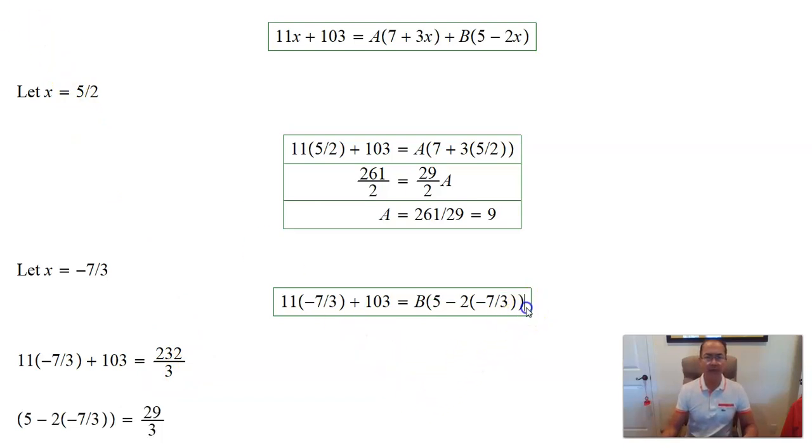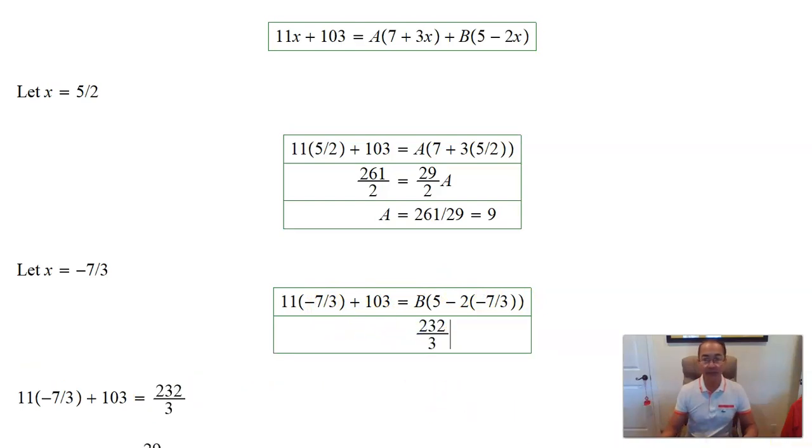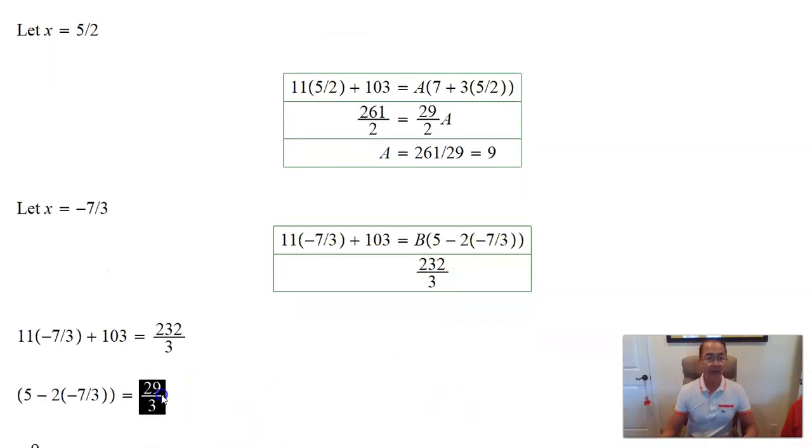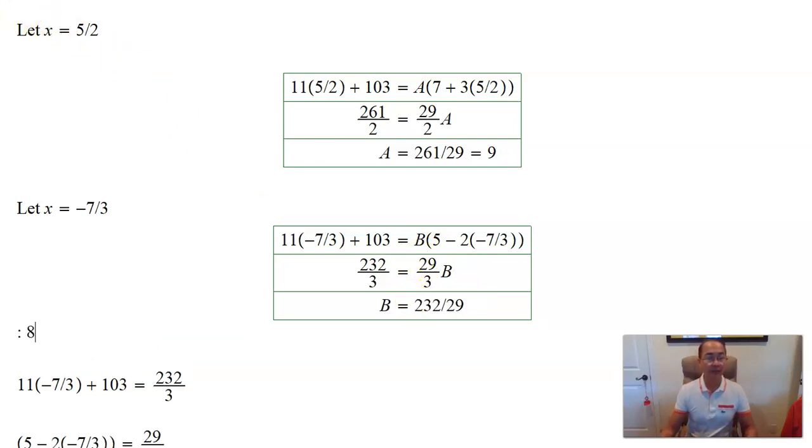Ooh, there's 29 again. What's going on here? 232 over 3 is going to be 29 over 3 times B. And of course, B this time is going to be 232 divided by 29. Fingers crossed, toes crossed, and we get 8.